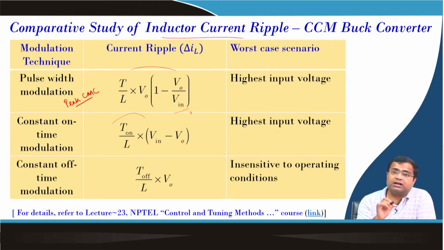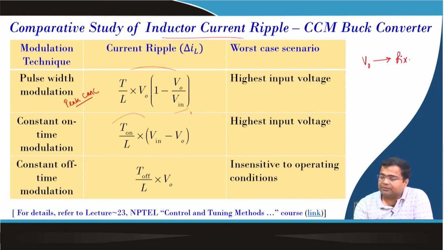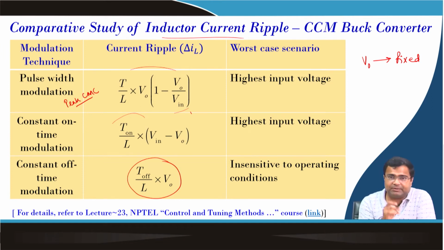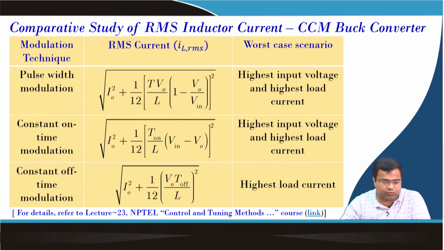We are talking about a voltage regulator where V0 is fixed, that means it is with closed loop. But if you take constant off time, you see the current ripple is insensitive to input voltage variation, and we have discussed this in detail in lecture number 23 in our earlier NPTEL course.